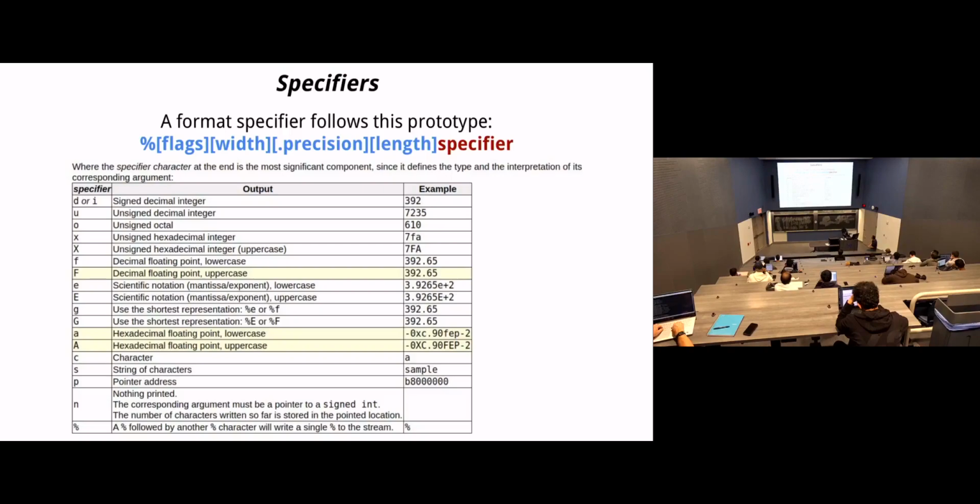But there is one specifier most people never used, which is the n, percentage n. Anyone use that before? No, right? So this one is very interesting. It's not going to print out something to your screen or wherever.